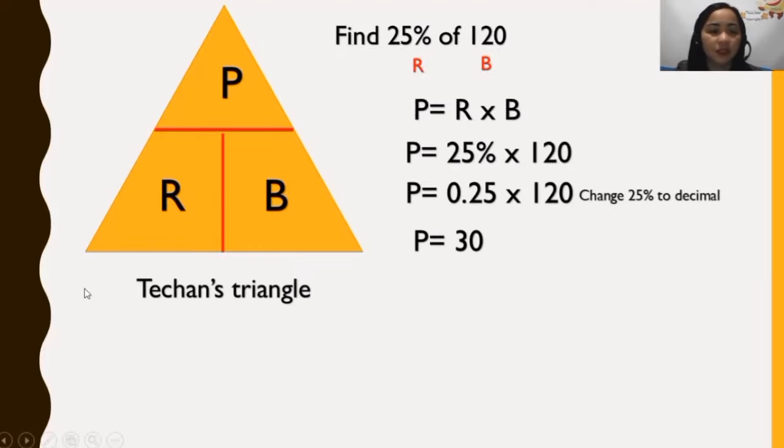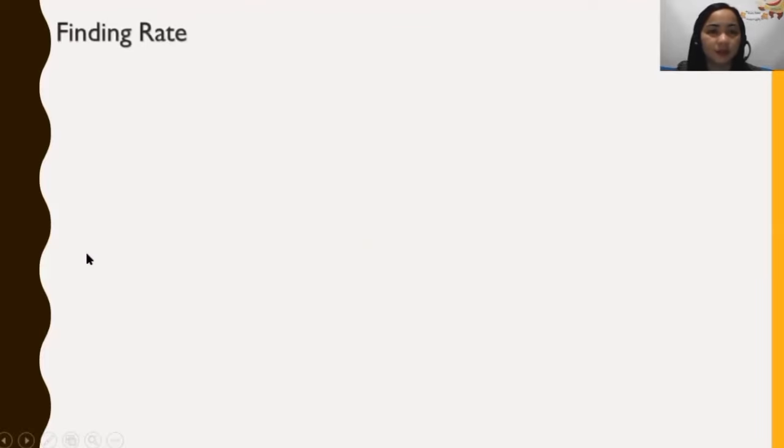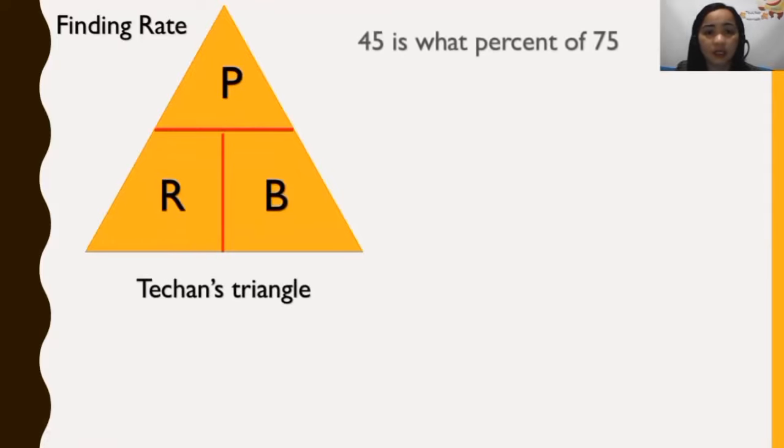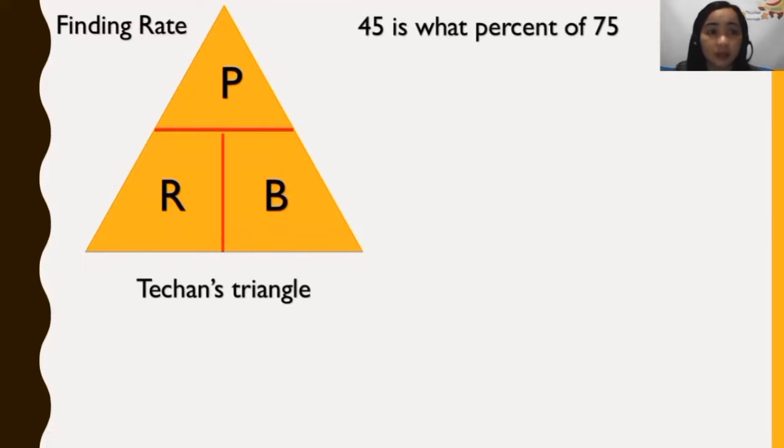Now let's proceed to another example. Now here we have finding rate. So if we are looking for rate here, ang matitira na lang natin is percentage and base. Now here we have the given 45 is what percent of 75. So anong part daw?